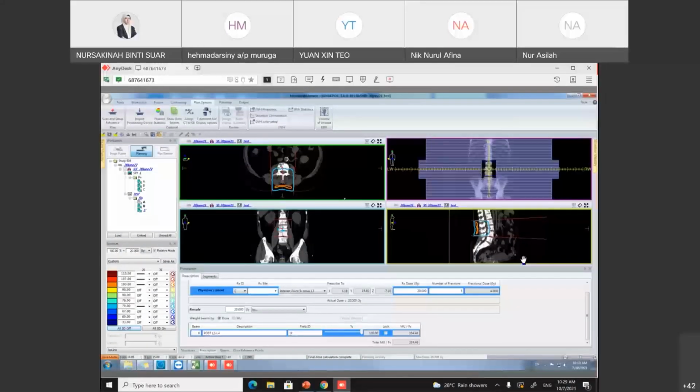My radiographers are actually very experienced. When they see the doctors want to treat many sites, maybe from the cervical until the pelvis, they will mark two origins, maybe one at the thorax and one at the pelvis, to ease their work when they set up the patients.